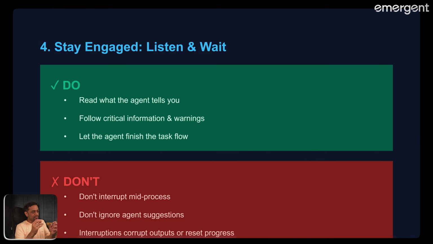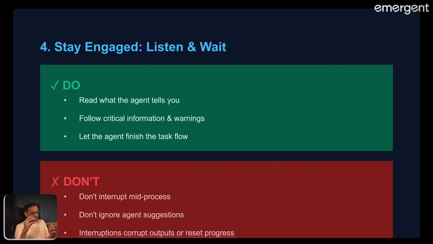A lot of times we would have given half a prompt, and what we do is we stop the agent in between. It would have already started writing some code, and when we stop and then start again, we have to wait for the agent to finish its task even if we had given half a prompt.